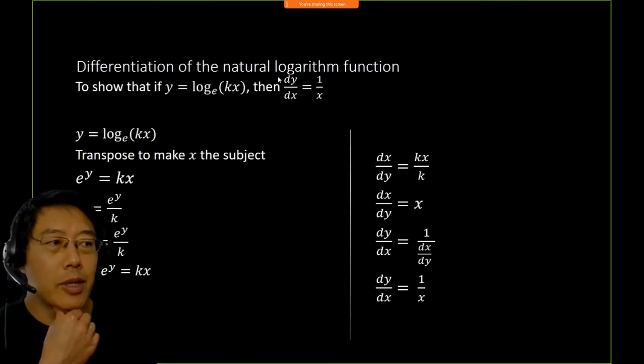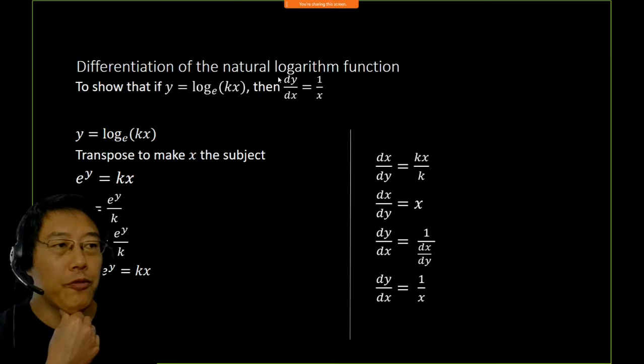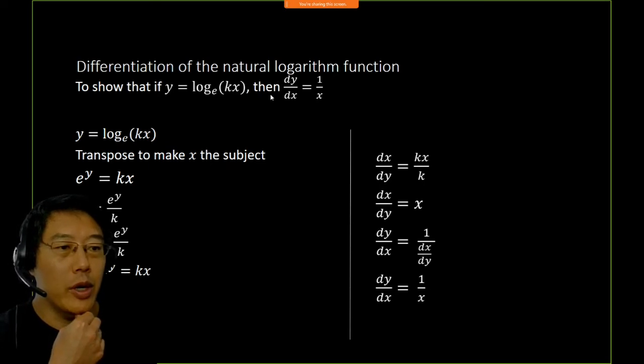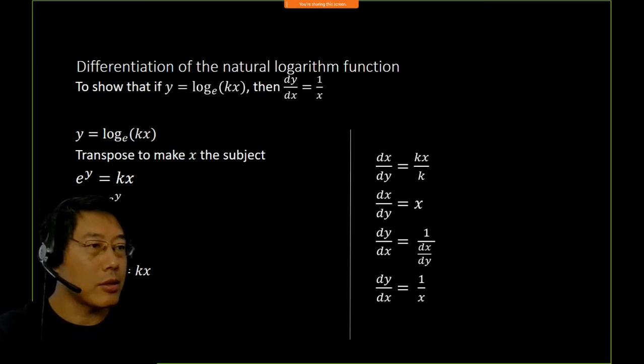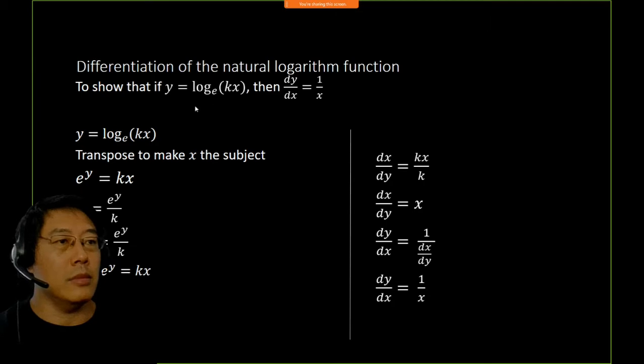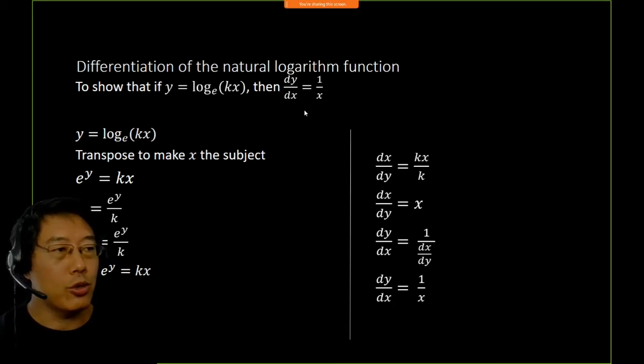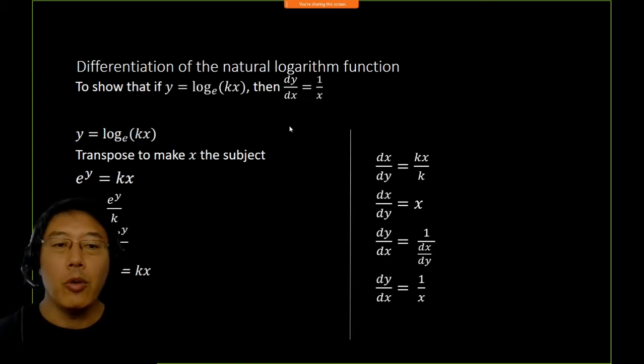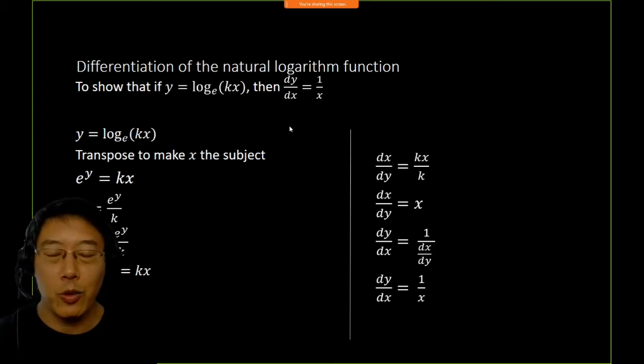Now this is a little bit of a proof. What is it doing? Okay, so it wants to show. In order to show you that, we're going to go back to the exponential.